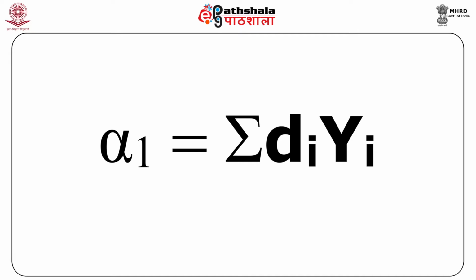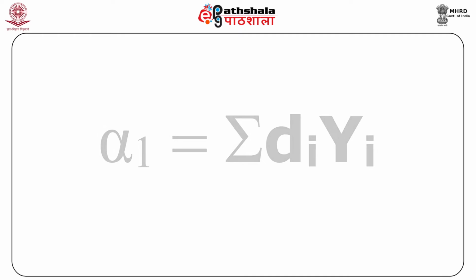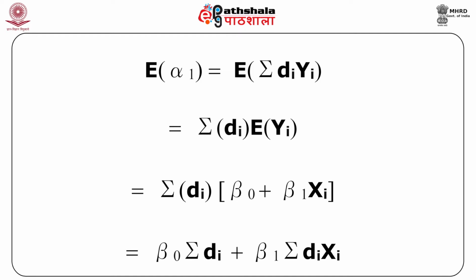Since this alternative linear estimator is also unbiased, expectation alpha 1 is equal to expectation summation di yi. This is equal to summation di into expectation yi, which is equal to summation di brackets beta naught plus beta 1 xi brackets closed.